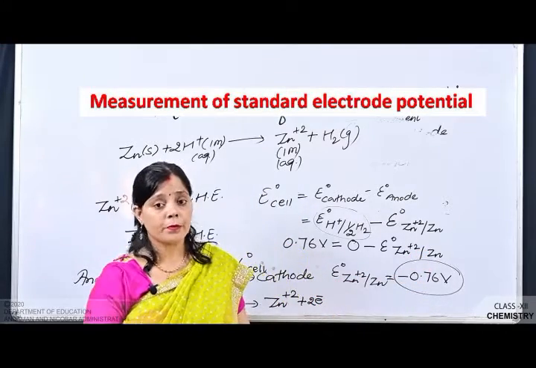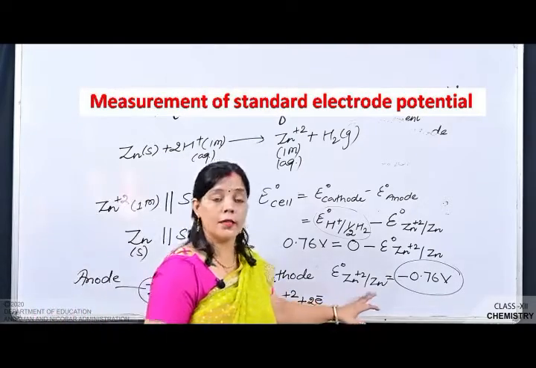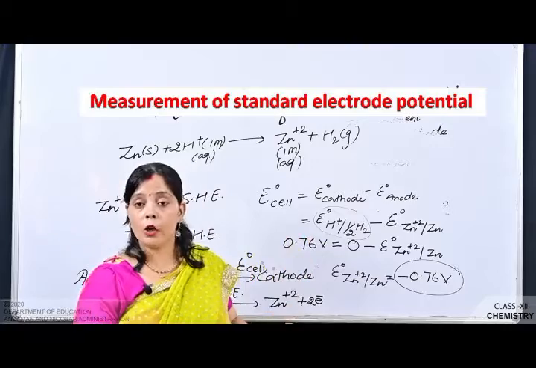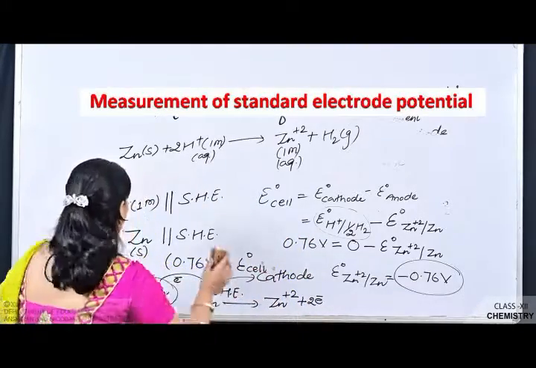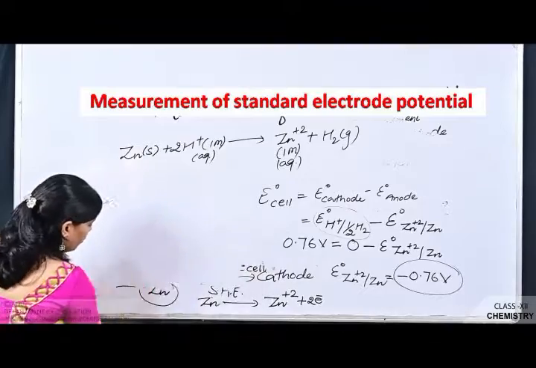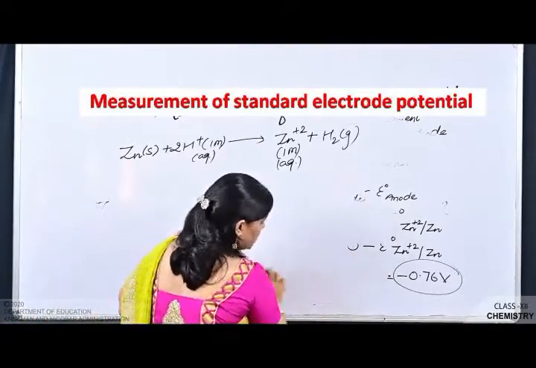Similarly students, this is the standard zinc electrode, and the standard copper electrode is coupled with the SHE. In this way the potential of the standard copper electrode can also be measured.